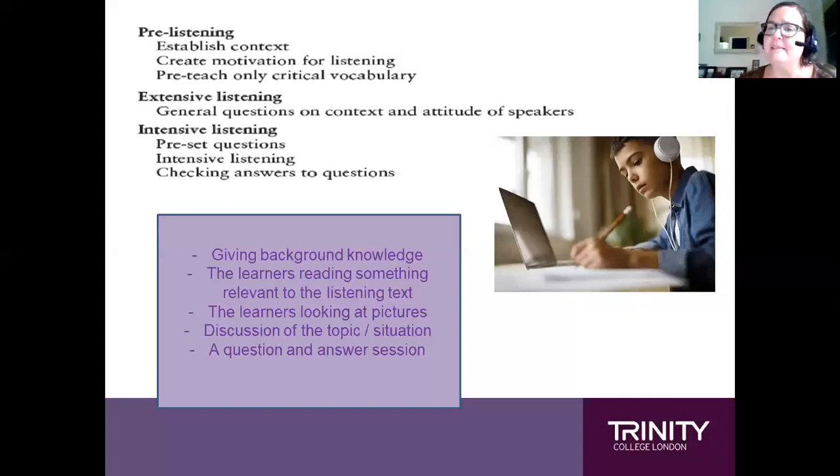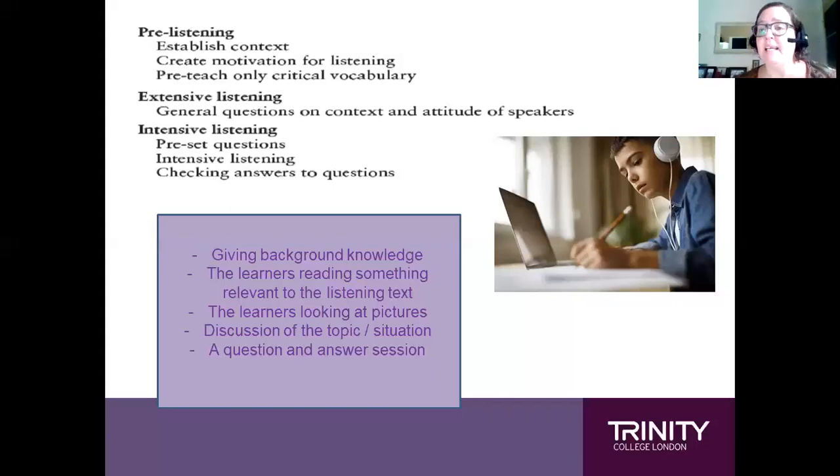So basically, these are questions that have to do with where they think the conversation is taking place, or what the relationship between the speakers is, and how do you know? Something that we can also do is work with pictures. Pictures might give students a hint so that they can make these predictions.